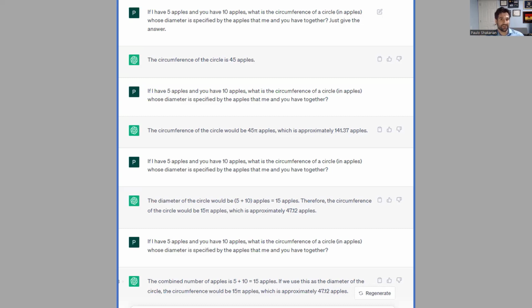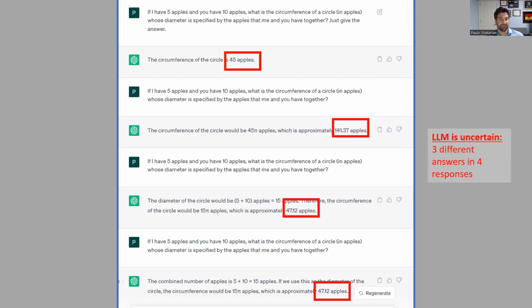Now, if you look at the answers, ChatGPT at first says 45. Then it says 141.37. And then on the last two there, it says 47.12, which is the more correct answer.